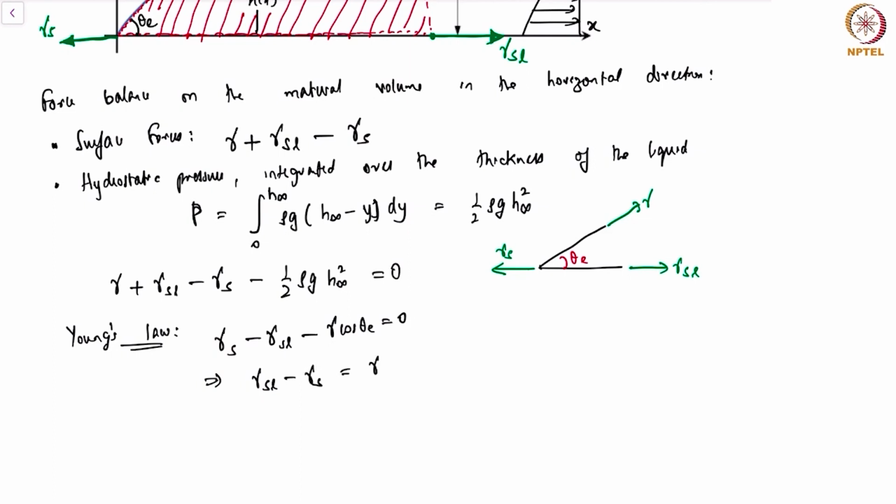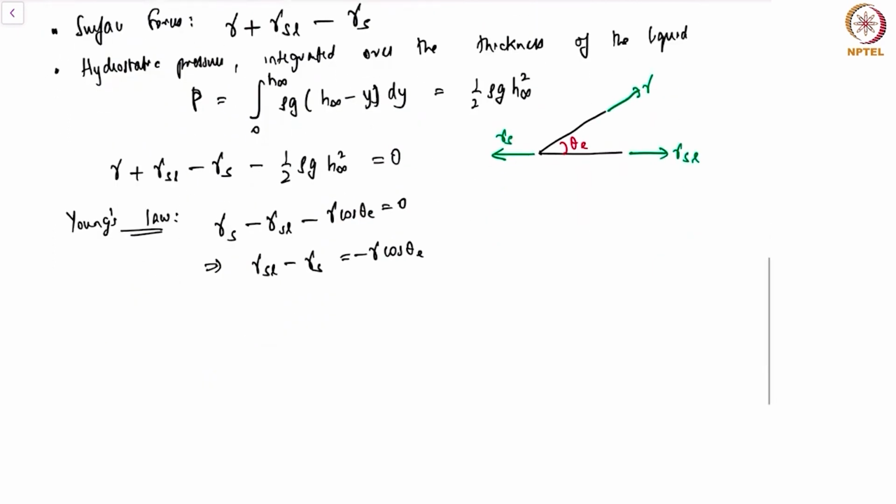will simply be gamma minus gamma cos theta E, right?